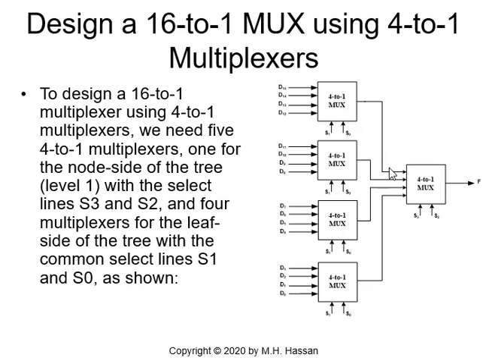So those will be selected. Since the node select is 1, 1, we'll select D15. So F will be equal to D15. F will take the data from D15, or the switch will be open to D15. As simple as this, and you can assume any other example, and you will find F corresponding to that example.